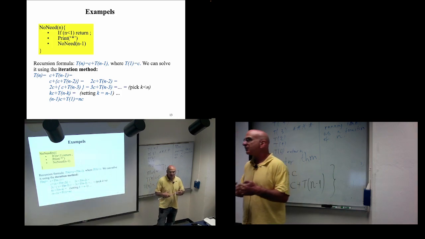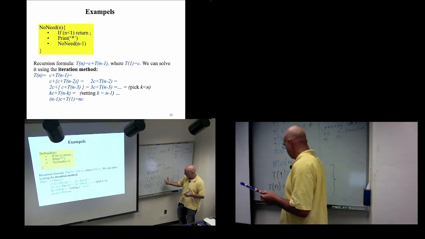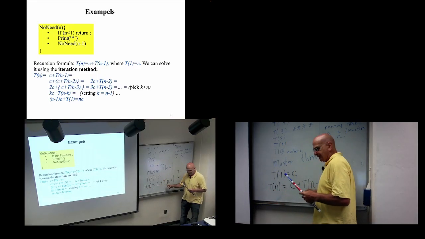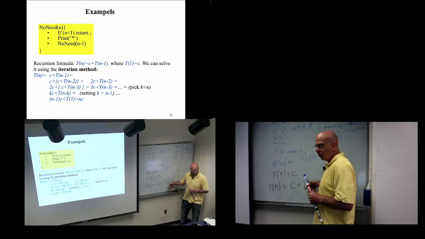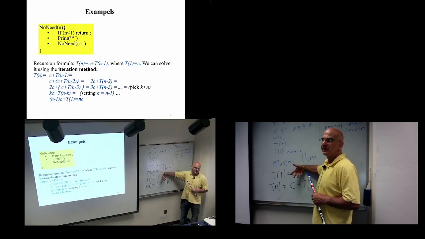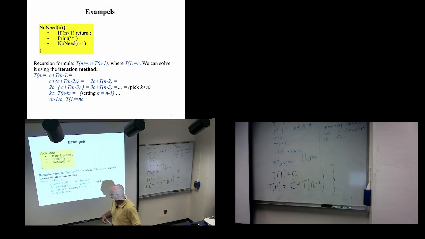So how do I solve a recursion formula? What do I mean by solving the recursion formula? I want to know what is T of n, in this case the running time for input of n, but not as an obscure expression of T of other values. I want to know, is this order n? Is this order n squared? Is this 2 to the n? Give me a concrete answer.